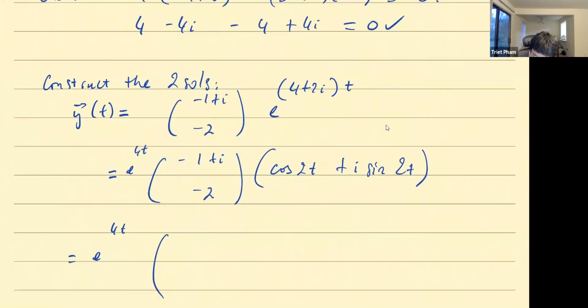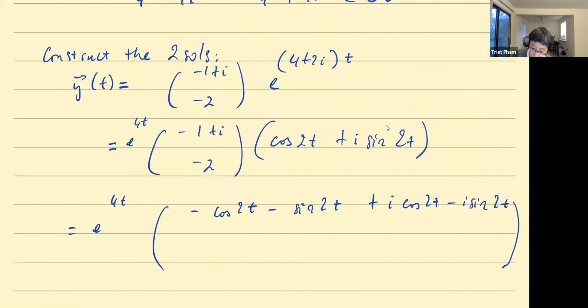So you got minus cosine 2t, and then plus minus sine 2t plus i cosine 2t minus i sine 2t. The second one gives you minus 2 cosine 2t and then minus 2i sine 2t.